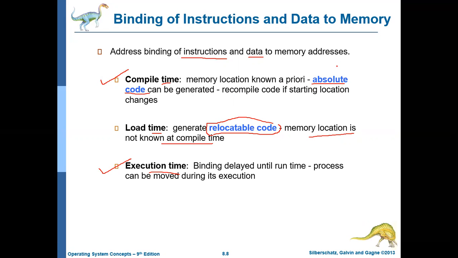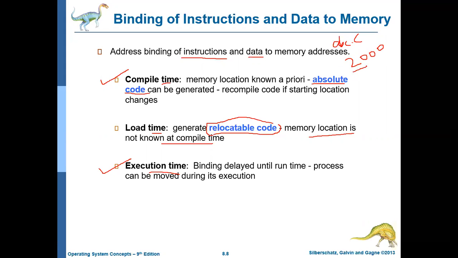So to elaborate further, assume that there is a C program, say abc.c, which you have written and are going to compile. Say before compilation itself, the compiler got the information that after compilation, this program can be loaded starting from the location 2000.